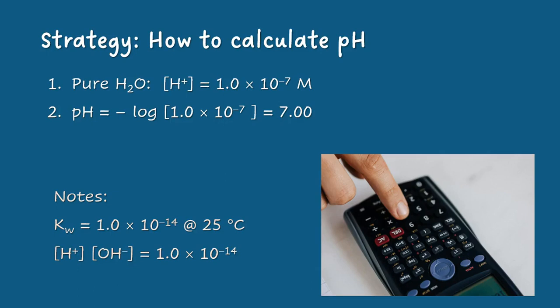The mass action expression shows us that H+ times OH- equals 1.0 times 10 to the negative 14. This means that both H+ and OH- are at 1.0 times 10 to the negative 7 molar in pure water at this temperature. Taking the negative log of this value gives us a pH of 7.00.